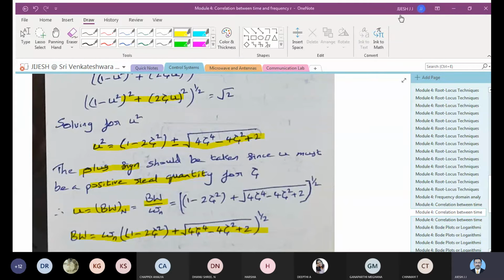So that's what you might have noted down. Is that completed? You got the equation for bandwidth as omega n root of 1 minus 2 zeta square plus root of 4 zeta raised to 4 minus 4 zeta square plus 2.